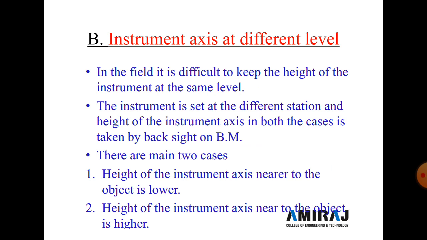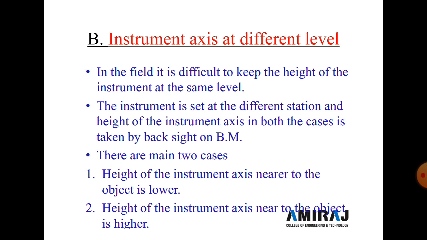At that time this methodology is used to find out the difference in level and height measurement. Here the instrument is set up at a different station, and the height of the instrument axis of both is taken at the backside on a benchmark.